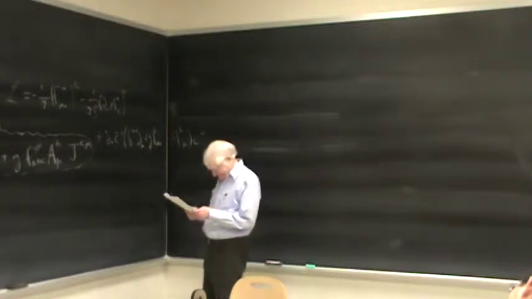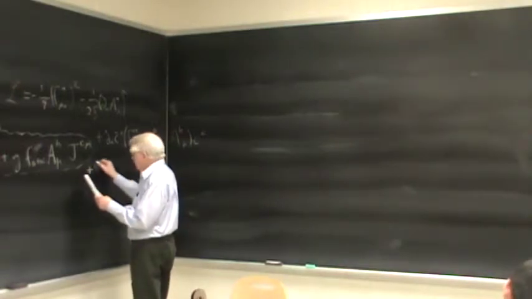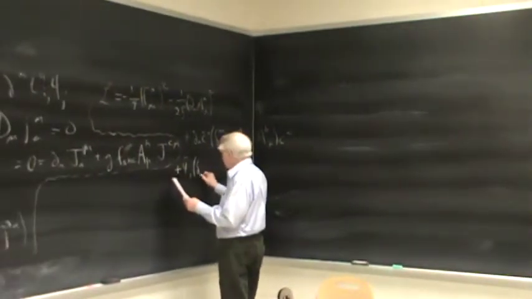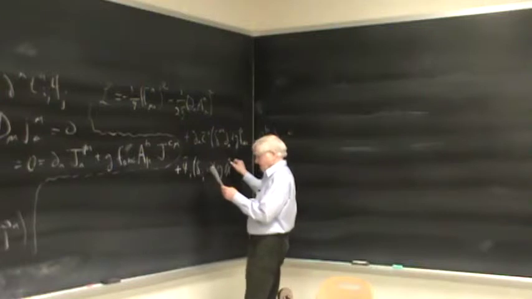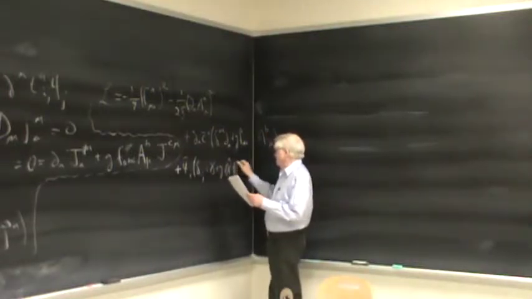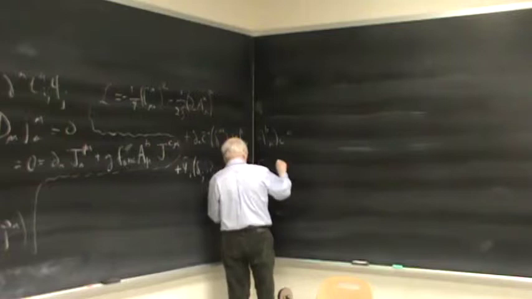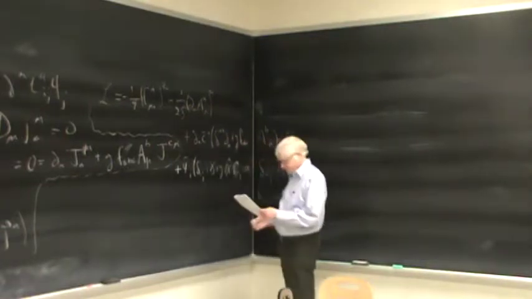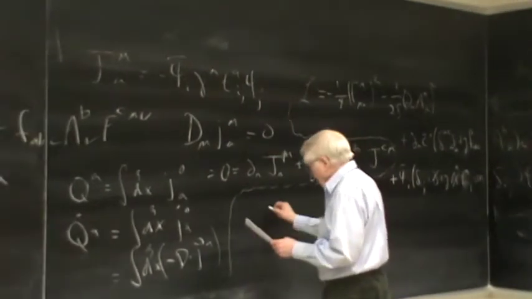Plus psi bar I, well, this is this thing that I've written so many times already. I d slash plus g A slash t a, ij minus m delta ij psi j. And then here are the scalar fields.